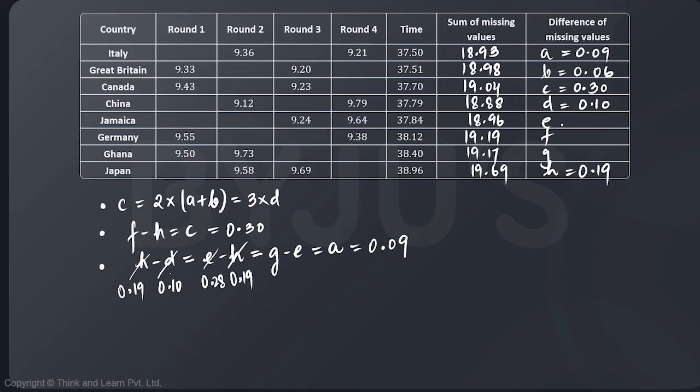The moment we got E as 0.28, we can calculate the value of G as well. So G will turn out to be 0.37. Once we got the value of H, which was 0.19, we can have the value of F also, and this will result in 0.49.